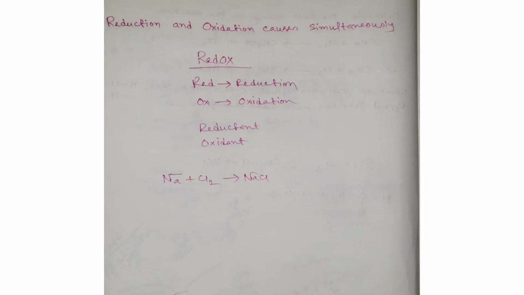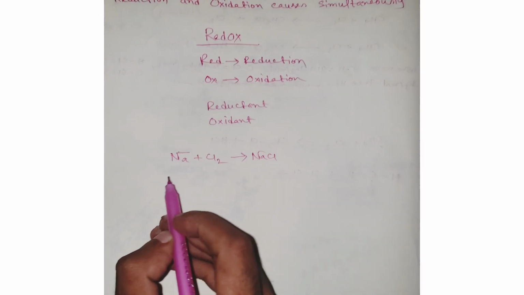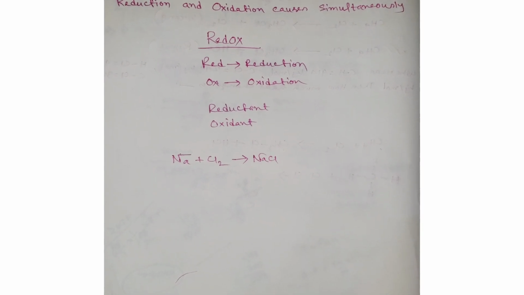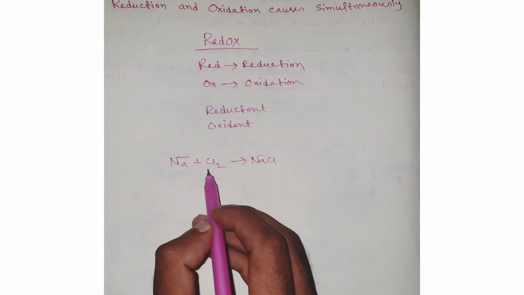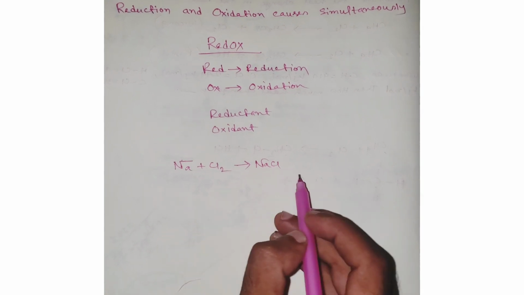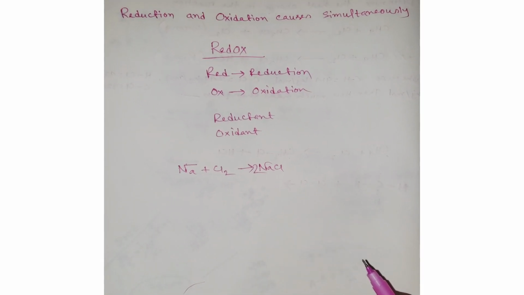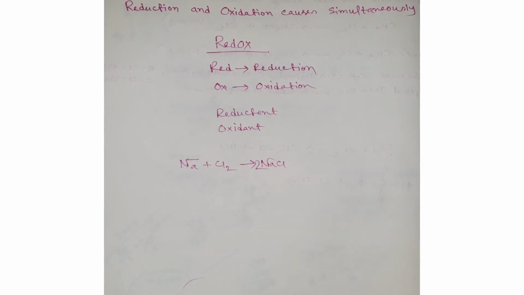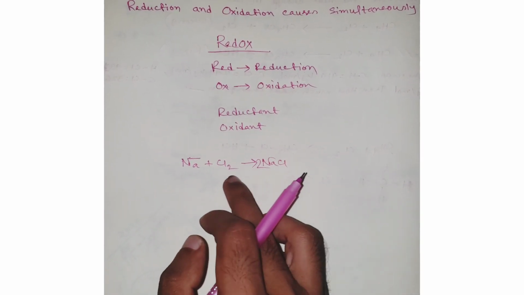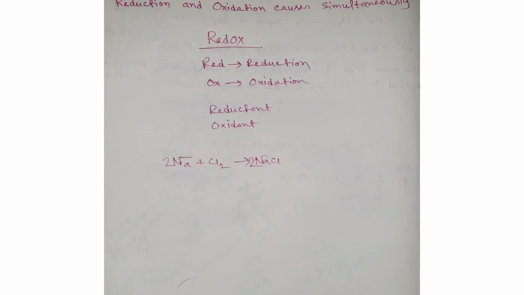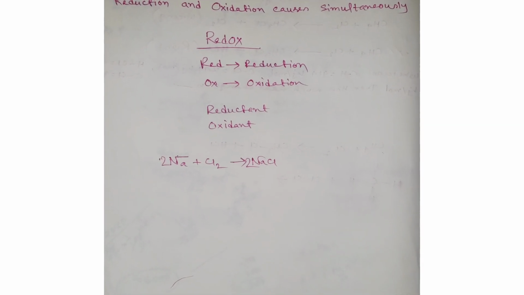Now we have to balance it, otherwise the equation is not acceptable. Chlorine has two atoms, so we need two sodium atoms too, and two NaCl on the other side. Now this equation is balanced.